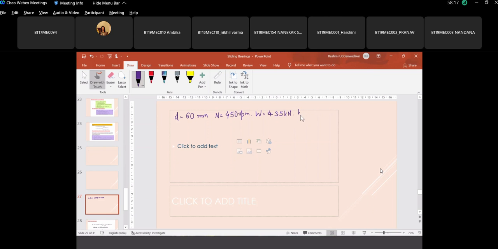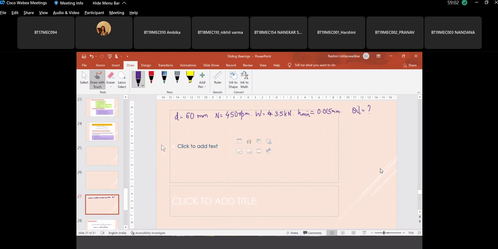If the minimum oil film thickness required to ensure hydrodynamic lubrication is 0.015 mm, suggest the suitable oil. I'm repeating the problem statement. A journal of 60 mm diameter runs in a bearing at 450 rpm. Bearing is subjected to a normal load of 3.5 kilonewtons. If the minimum oil film thickness required to ensure hydrodynamic lubrication is 0.015 mm, suggest the suitable oil.